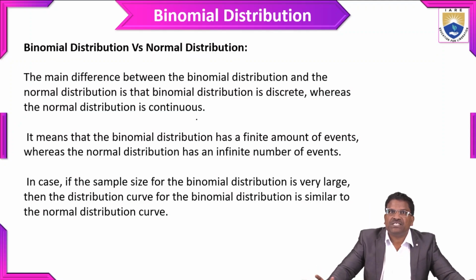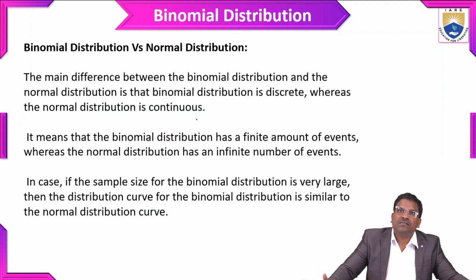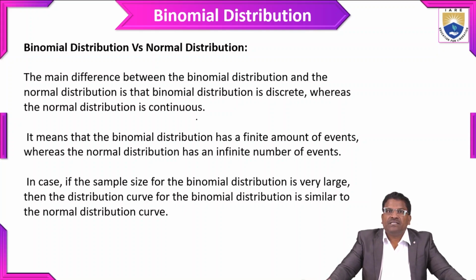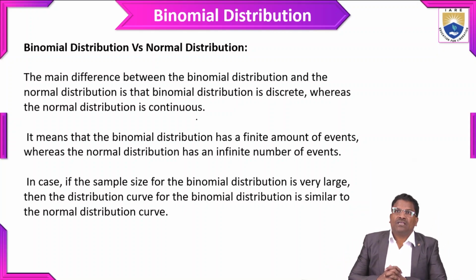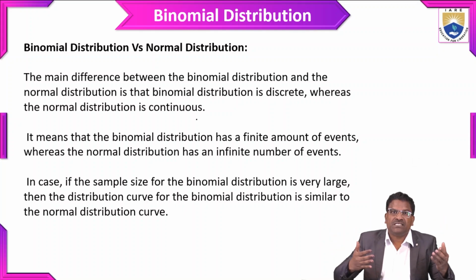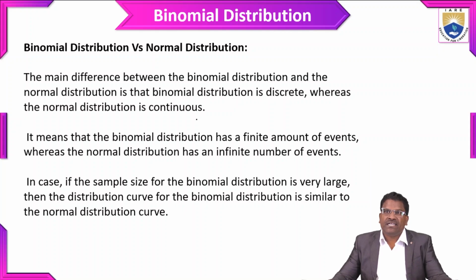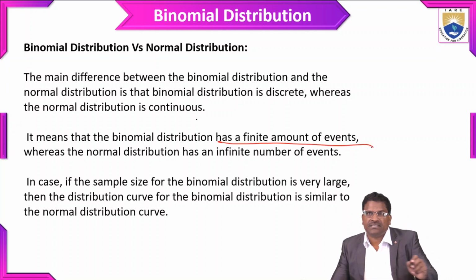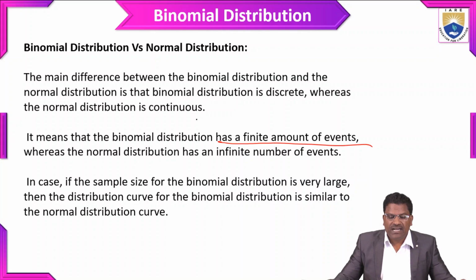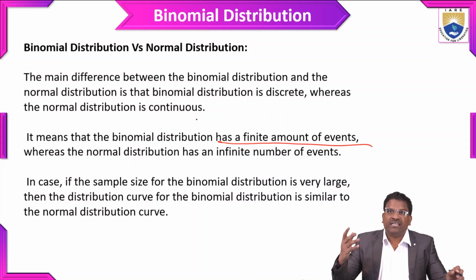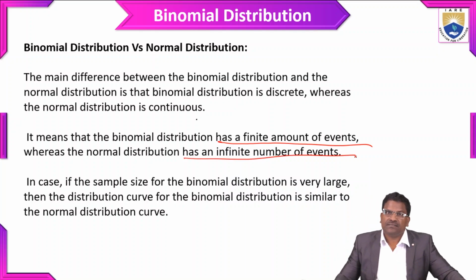Now, let us distinguish binomial distribution and normal distribution. The main difference between the binomial distribution and the normal distribution is that binomial distribution is discrete, whereas the normal distribution is continuous. It means that the binomial distribution has a finite number of events, whereas the normal distribution has an infinite number of events.